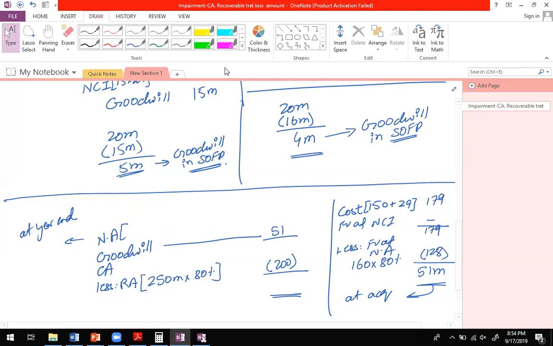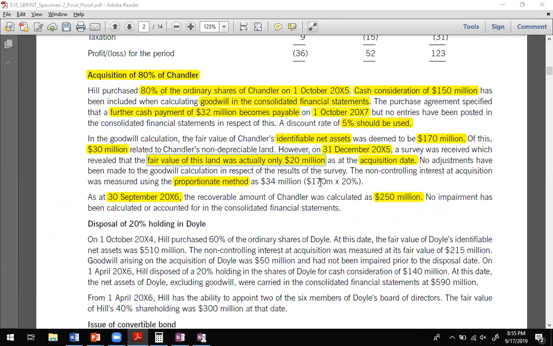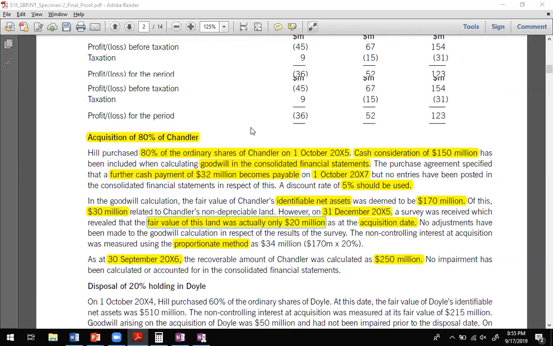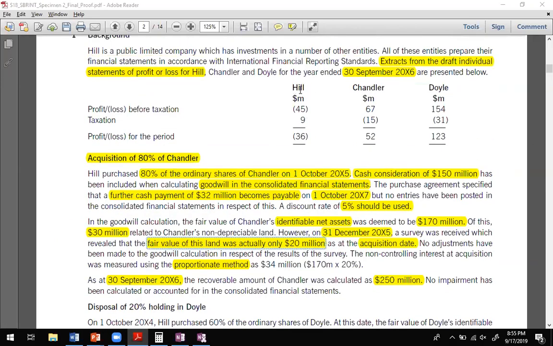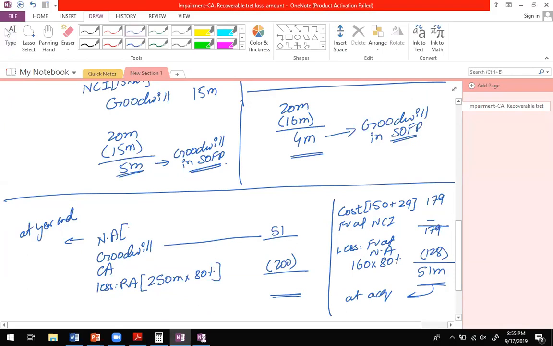Good, Dilpreet. You are quite close. Basically, if I go back to the question, it gave us the profit of Chandler, which was 52 million. So if we add the profit of 52 million, yes, Cindy is also right, in the net assets at acquisition, we are going to get the value of the net assets at the balance sheet date.